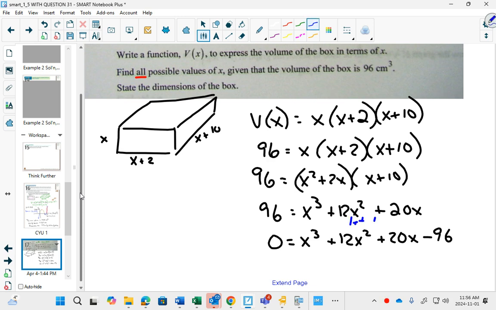And some students at this side said let p of x equal all of this. And now you have to use synthetic division and long division and figure out what would work, without a calculator, which was a little bit kind of, because can you see, nobody does this, but the possibilities in 96, there's lots.